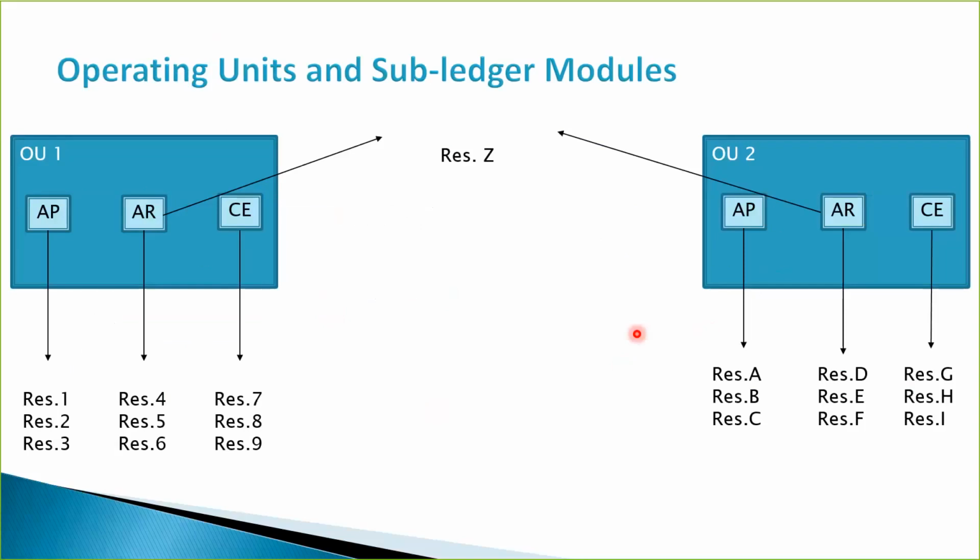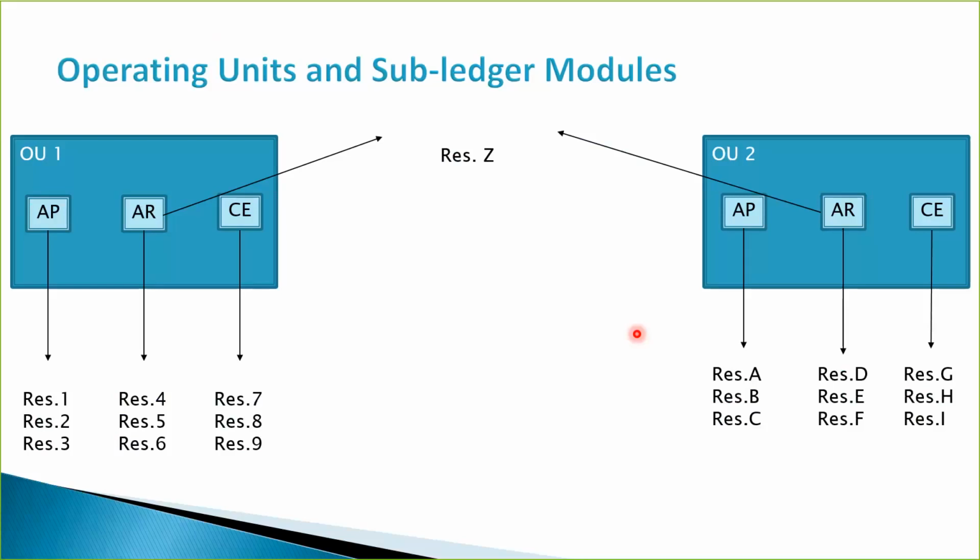So when you create an operating unit, you don't have to create an operating unit for each application. No. When you create an operating unit, depending on the modules that you're using, those particular modules can use that same operating unit. Users having responsibilities belonging to different applications, for example, AP and AR, will not be able to see the other subledger modules' data.